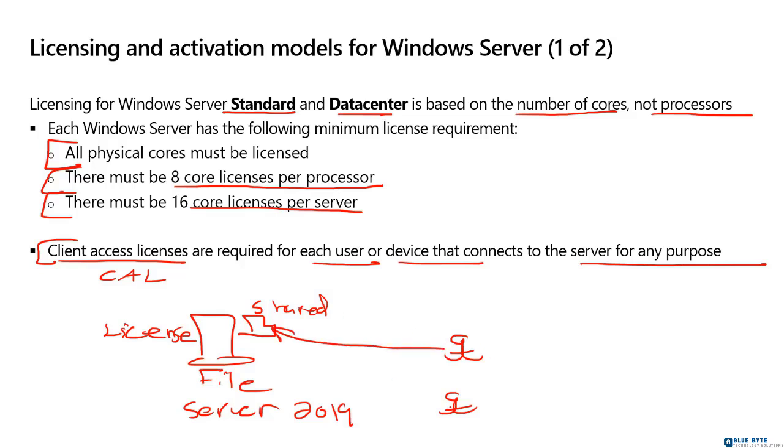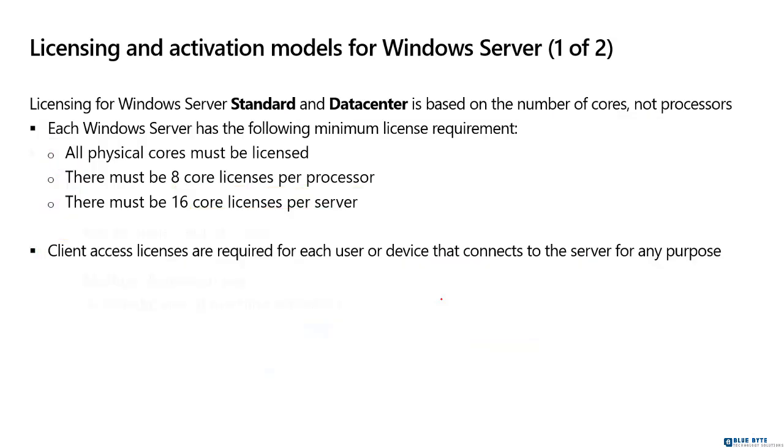So they browse your server and they access data on your server. You need these client access licenses for the users or devices that connect to the server. So you license the operating system and you can decide how many CALs you actually need. You just need enough CALs to cover all your concurrent connections to your server, and those you just purchase.